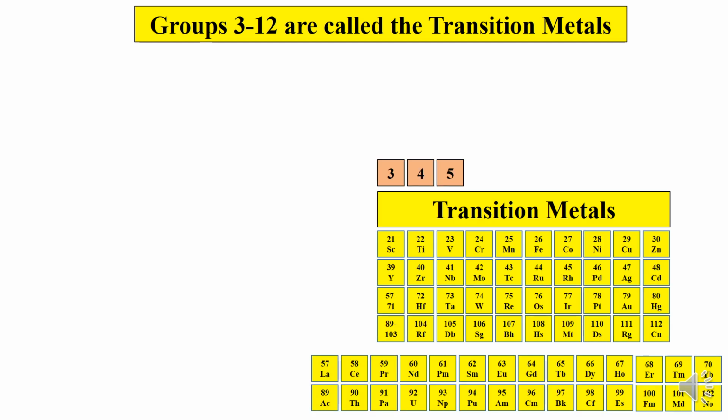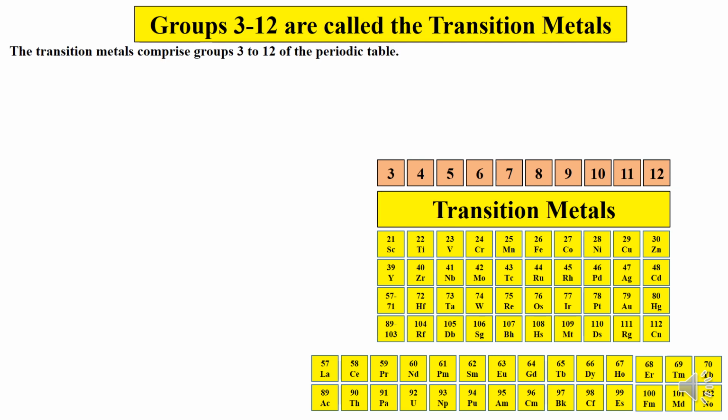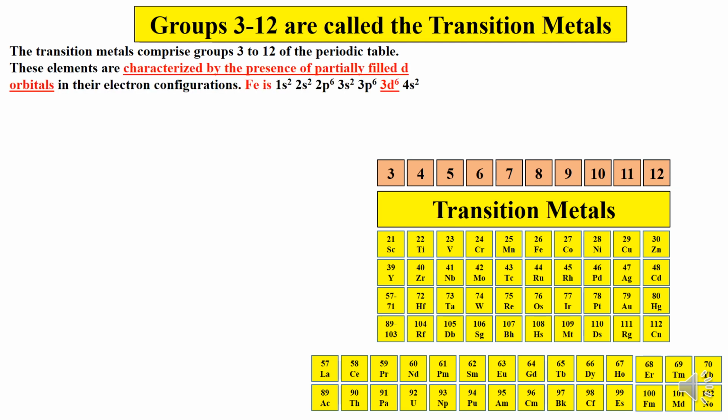As per the IUPAC system of nomenclature, the groups are numbered from 3 to 12. So transition metals comprise groups 3 to 12 of the periodic table. These elements are characterized by the presence of partially filled d orbitals in their electronic configuration.